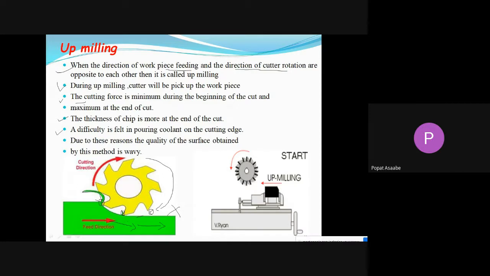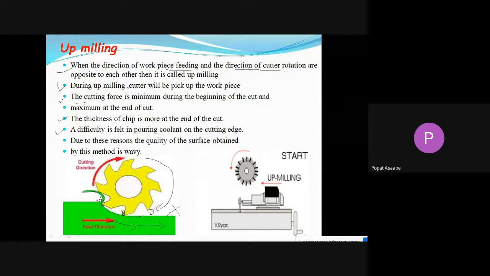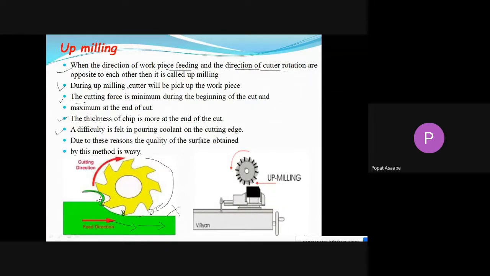And in up milling, the cutting force generated initially is minimum. Means initially this cutter will generate less or minimum cutting force, and it will generate higher cutting force at the end.